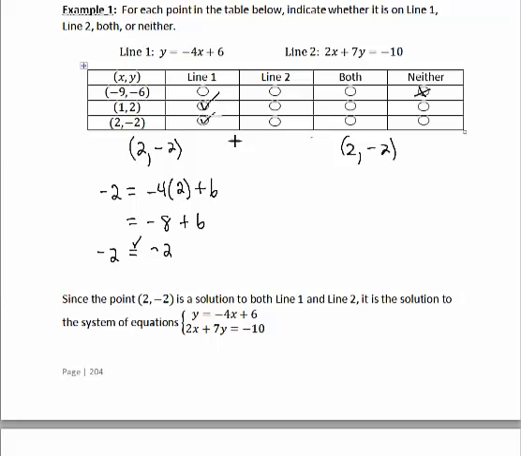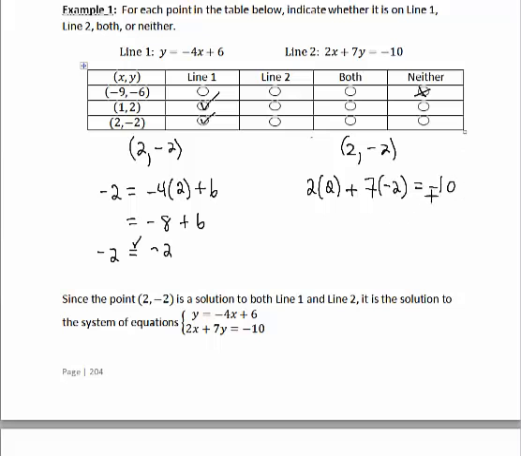So it's a solution to line 1, but we can't say that it's a solution to the system yet. It has to be a solution to line 2 also. And that's what we're about to test. So we simply take line 2. We have a 2 times x. Our x is a 2. We add 7 times a negative 2.